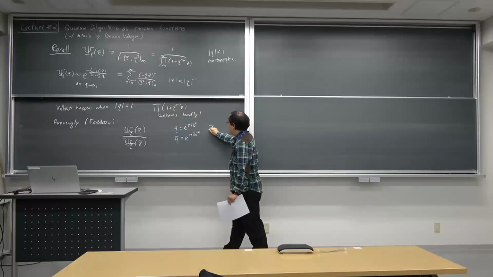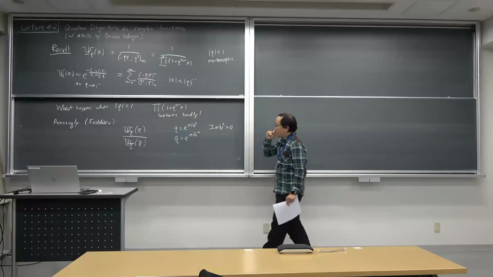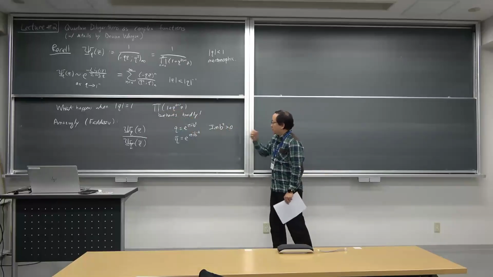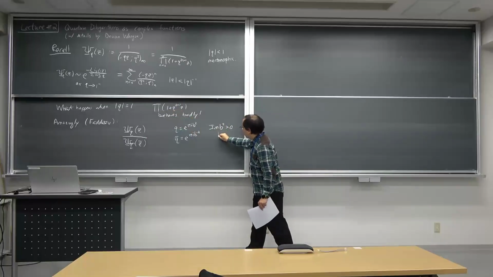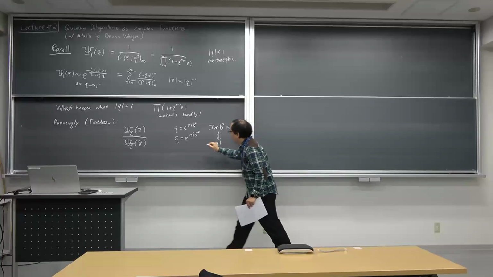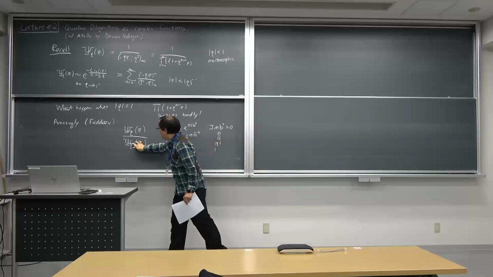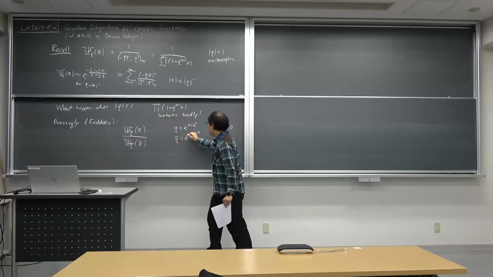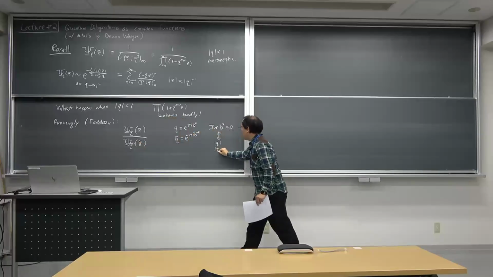But if b is taken to be some complex number satisfying imaginary part of b squared bigger than 0, then both q and q tilde will be less than 1.